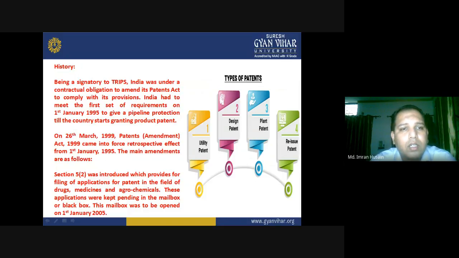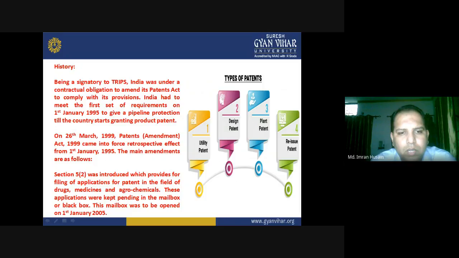History. Being a signatory of TRIPS, India was under a contractual obligation to amend its Patents Act to comply with its provisions. India had to meet the first set of requirements on 1st January 1995 to give pipeline protection till the country starts granting product patents.